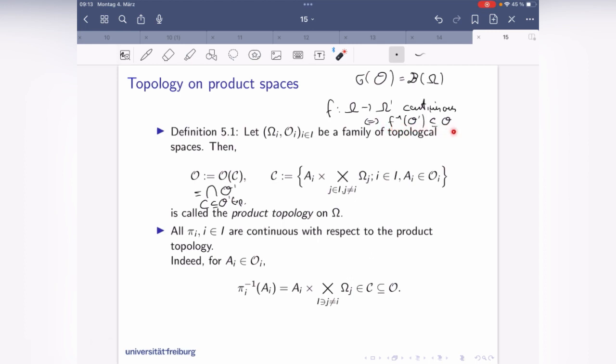So that's what this says here. And that's one definition of continuity, which you might have heard of. And that's very easy to check here for this claim.